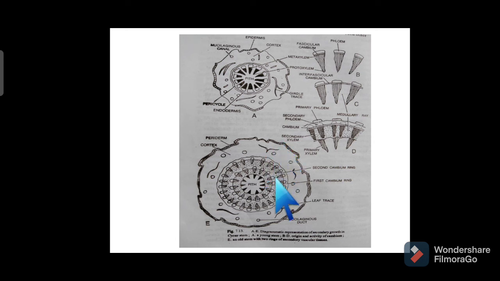The second point is the presence of a large parenchymatous cortex as well as pith, and the cells contain abundant starch grains, also known as sago. Then the vascular bundles are very narrow and radially elongated, and the primary cambium is not well marked.